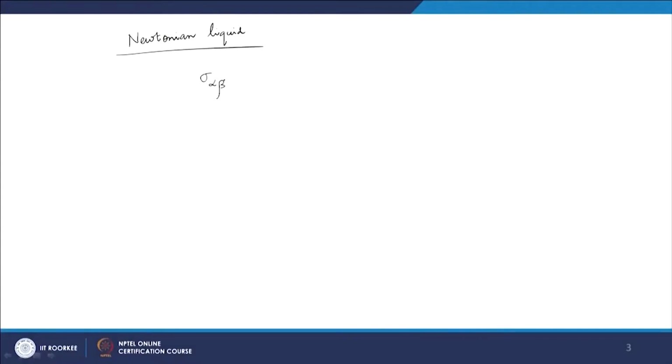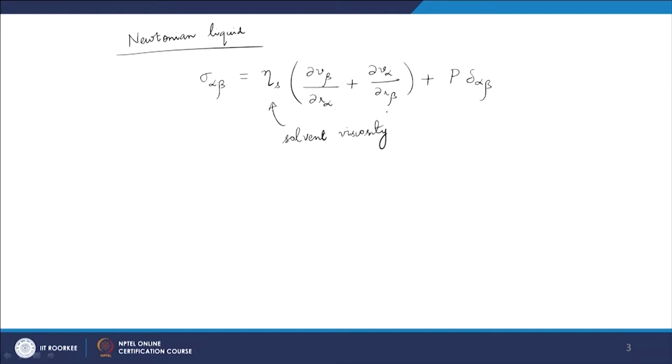But at this point, you can recall from your transport phenomena class, if you had, that the stress tensor is given like this for a Newtonian liquid, where this is the solution or solvent viscosity.